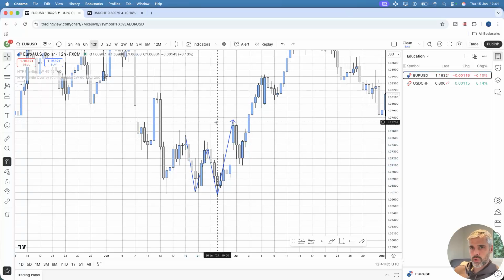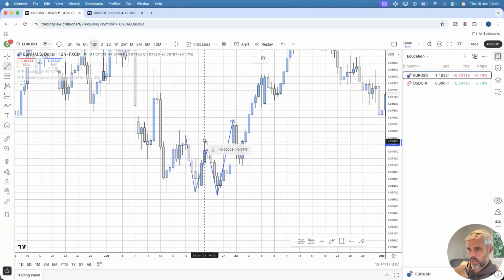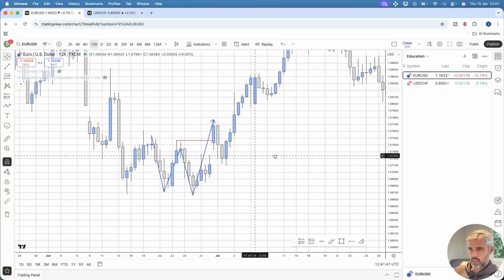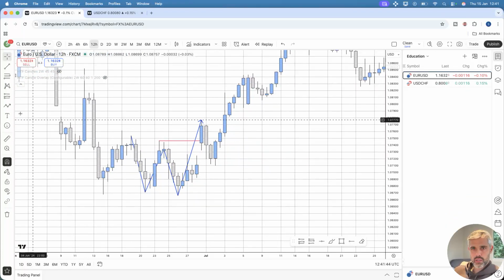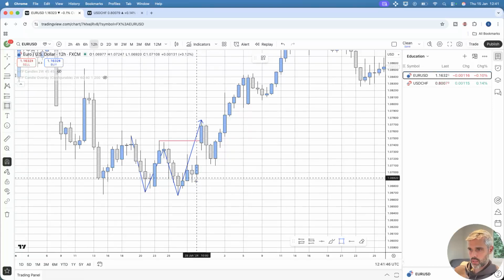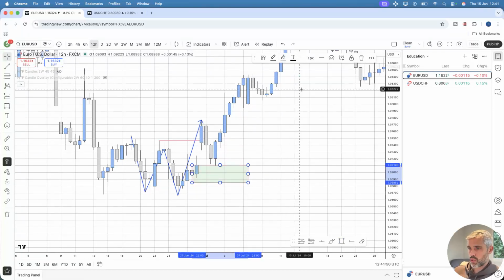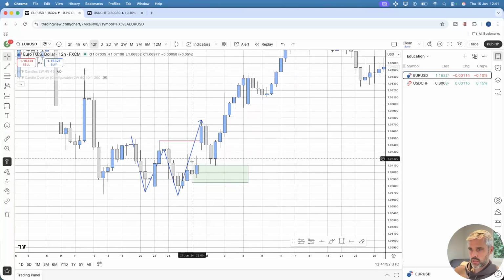So going back to what we were just discussing, we can see first and foremost that there's been a shift in the market right here. So as soon as we get that, we can start to mark our price legs. So right here, you've got the bullish order block. So this is the last sell to buy candle.